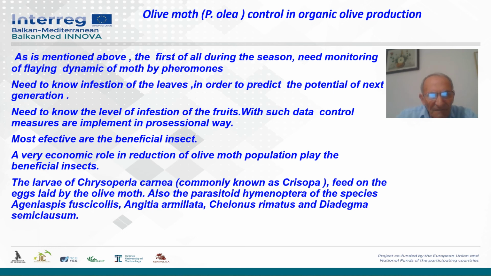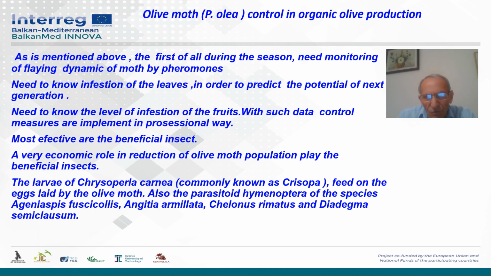Most effective against the olive moth are the beneficial insects. A very important role in reduction of the olive moth population is played by beneficial insects such as larvae of Chrysoperla carnea. This beneficial insect feeds on the eggs laid by the olive moth.